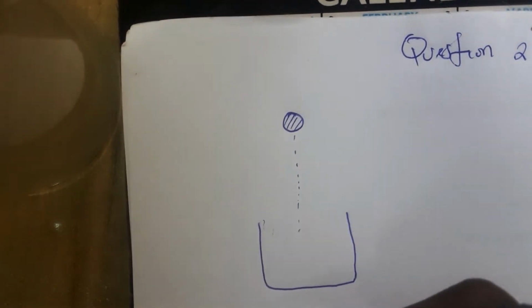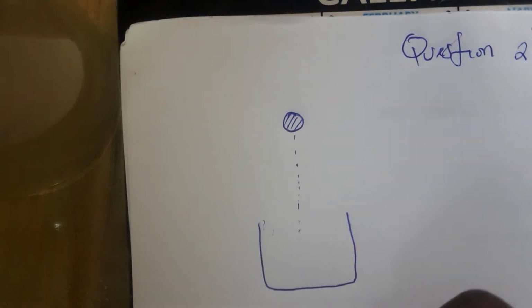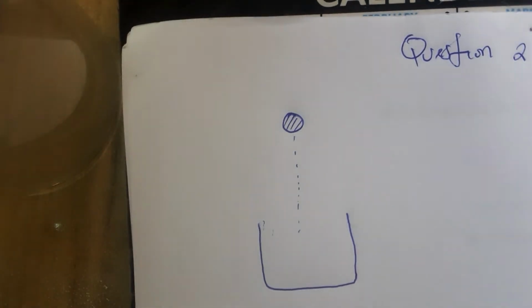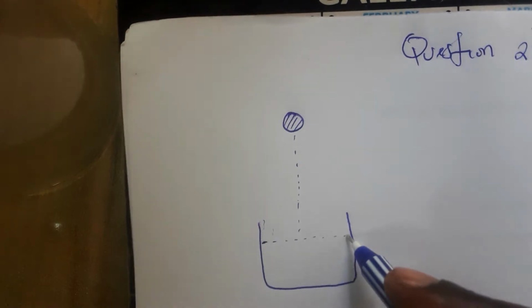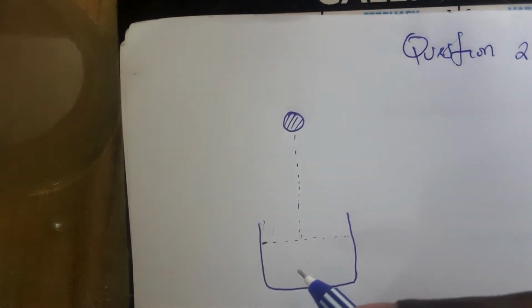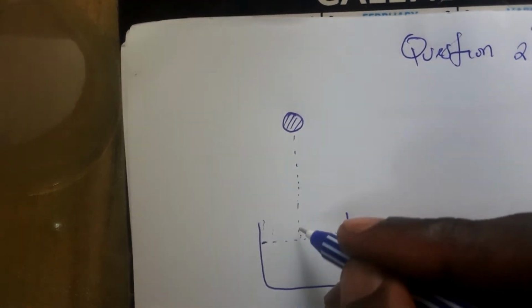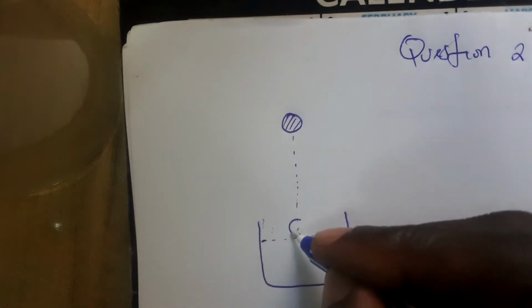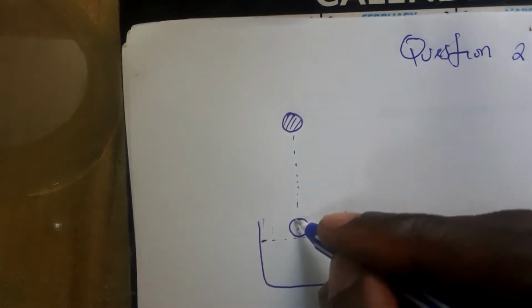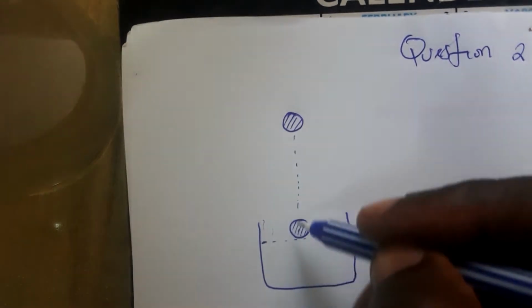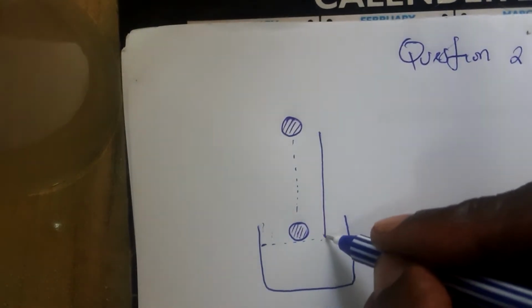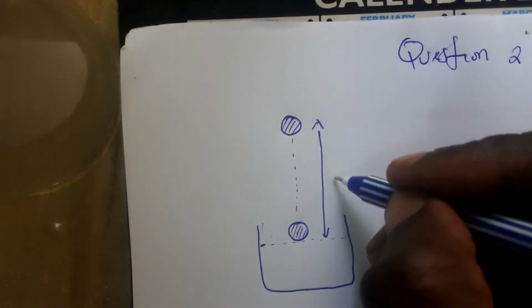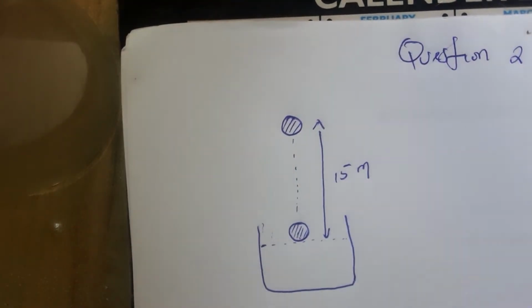Okay, the box of sand from a height of 15 meters. So let's say our sand is ending here. Okay, from a height of 15 meters. So this is our ball here. Okay, so it falls into a box of sand from a height of 15 meters.